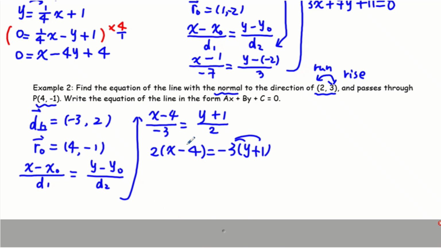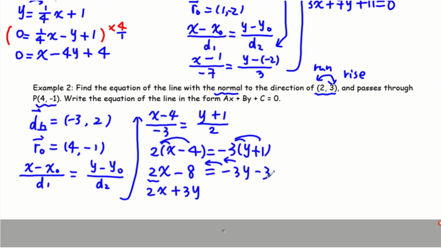So expand. Why do we expand? We want to collect the like terms. So 2x minus 8, with brackets we don't know how to collect the like terms. Minus 3, then the number in front of x is positive already, so we move everything to the left side. 2x plus 3y minus 8 plus 3 minus 5. Then it's done. So this is how we find the equation of the normal.